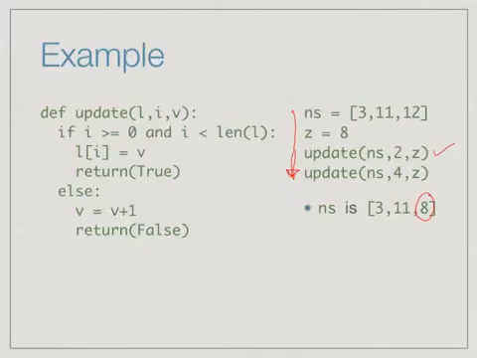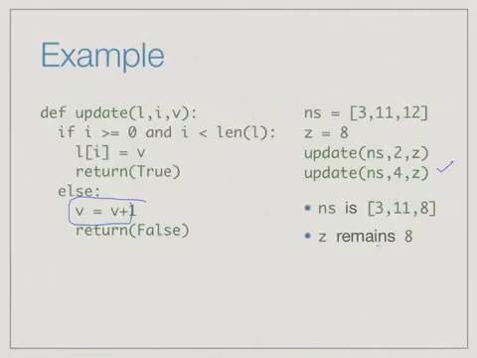On the other hand, if we execute this statement, then because this is an immutable value, the change in v inside the function doesn't affect z at all. So although v has been incremented from 8 to 9, z remains 8.